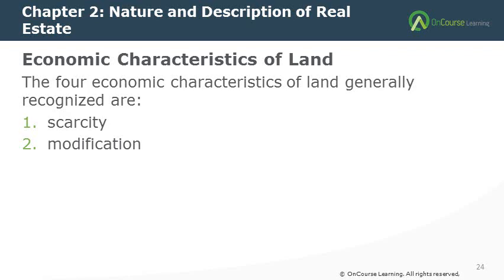Another economic characteristic of land is modification. That means the use and value of land is influenced by improvements made by man to surrounding parcels. For instance, Walt Disney World in Florida was once just a swamp.